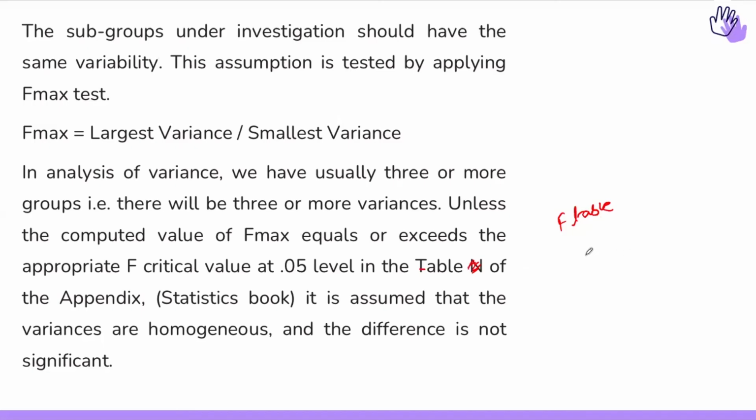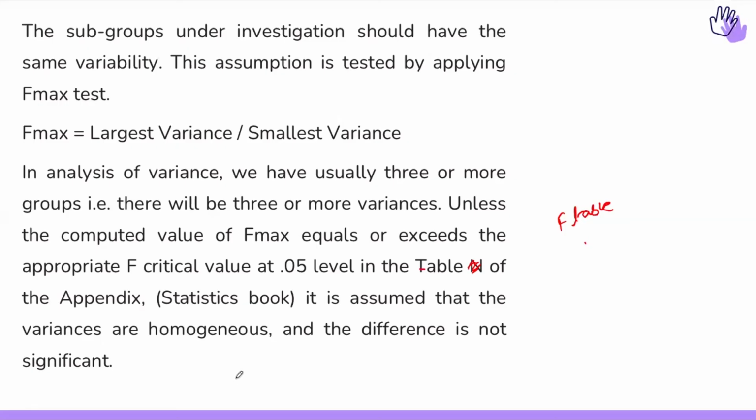I'm not going into the detail of the F test because it is not mentioned in your syllabus. I'm just giving you an introduction. In that table you can find the F critical value, and unless Fmax equals or exceeds the appropriate F critical value at the 0.05 level, it is assumed that the variances are homogeneous and the differences are not significant. On that basis you can accept or reject your null hypothesis based on the F value.